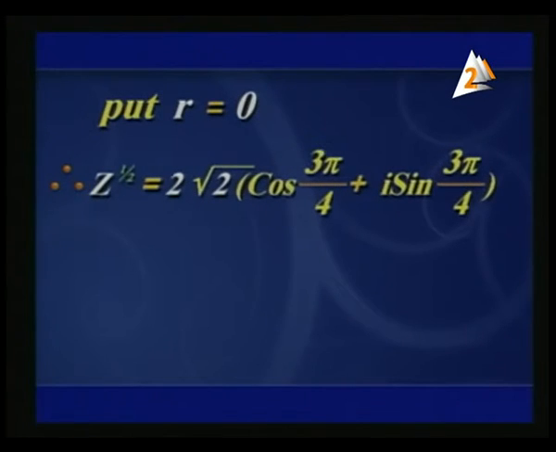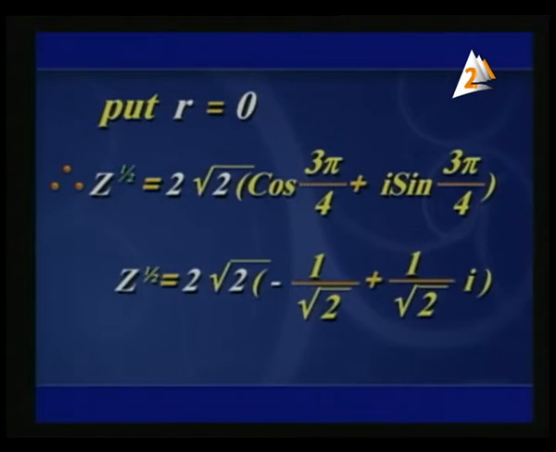Therefore, z power half equals 2 root 2 cosine 3 pi over 4 plus i sine 3 pi over 4 equals 2 root 2 times negative 1 over root 2 plus 1 over root 2 i equals negative 2 plus 2i.